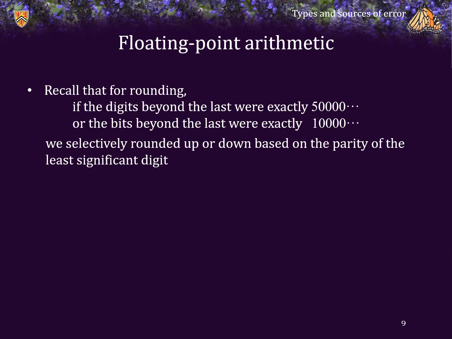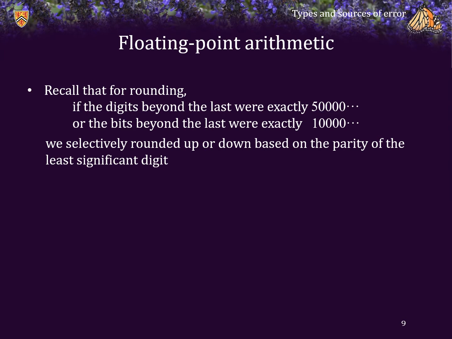Now, however, recall that for rounding, when we add two numbers, we may have additional bits. And for rounding to say n decimal digits or n bits, we look at the bits beyond the least significant digit or bit.